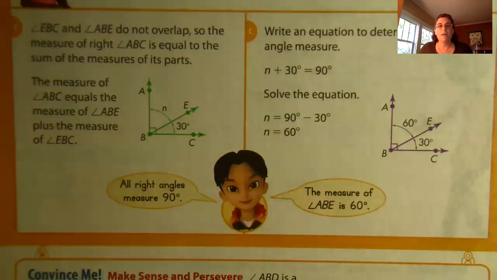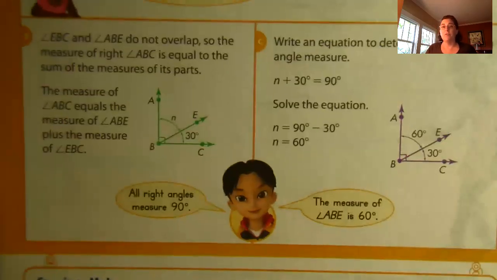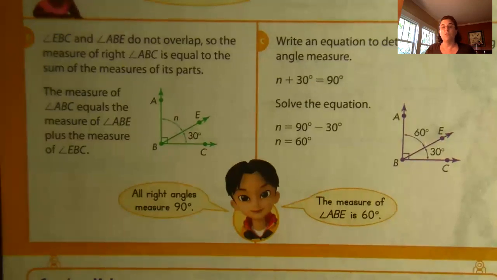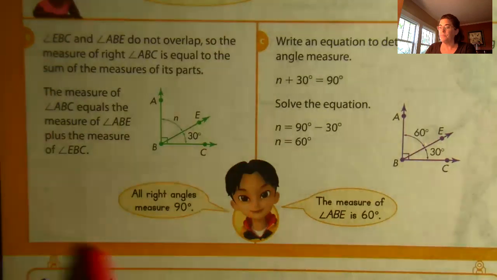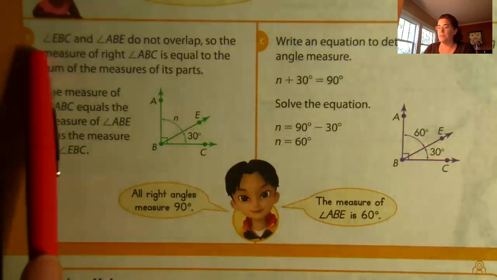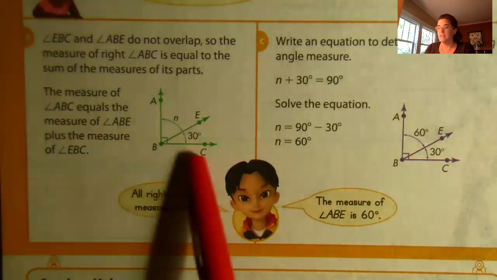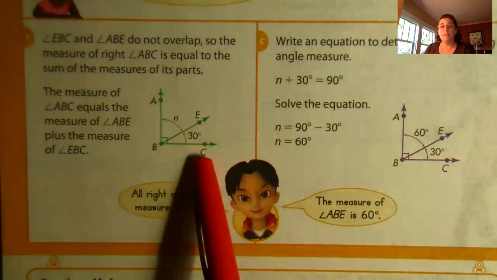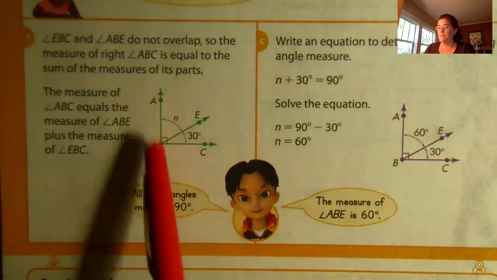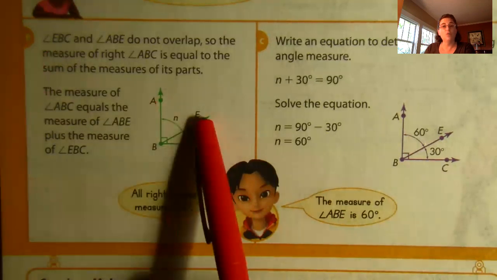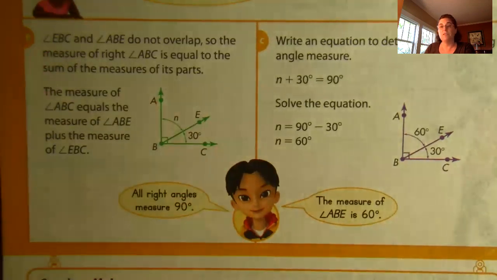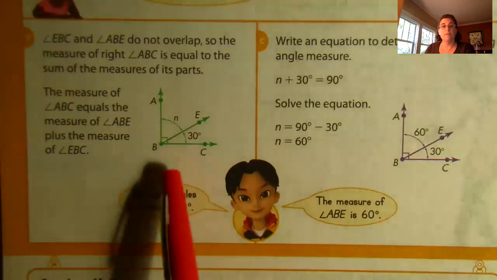All right, so on this page, this is not a page you have at home, but this is a page I pulled to give you some examples. We see in this first example that the angles EBC, and again that's EBC, and ABE don't overlap, which means they don't take up the same space.